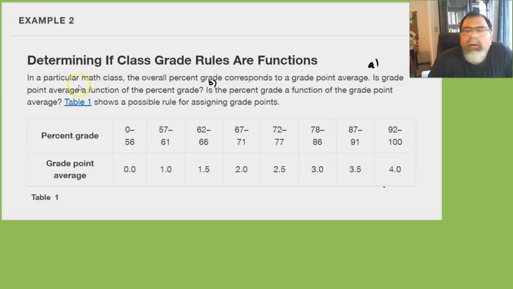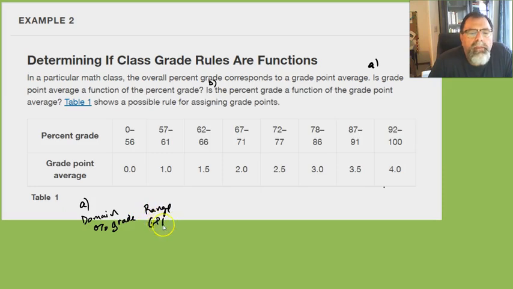So let's see A. Grade point average, is that a function of percent? So the domain would be the percent grade, and then the range would be the grade point average.